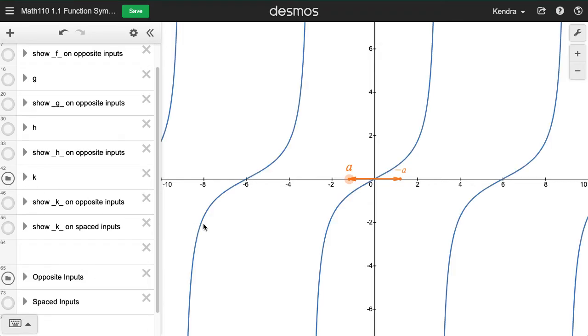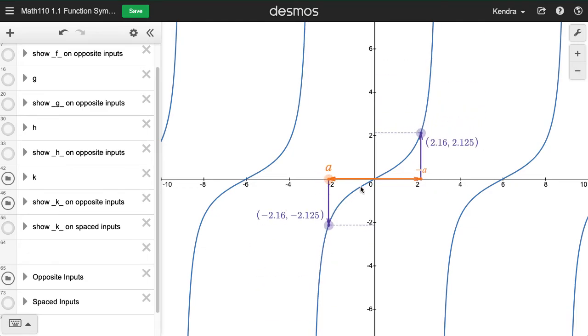Here's another one. Here is a function where we can look at k on opposite inputs. We see that opposite inputs actually give opposite outputs. But there's another symmetry happening here too.